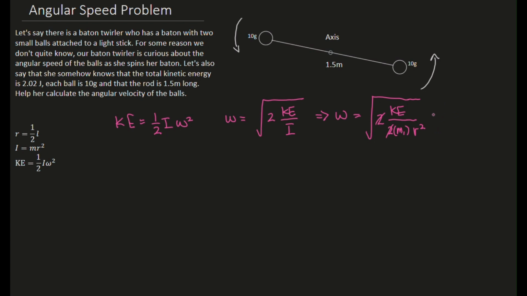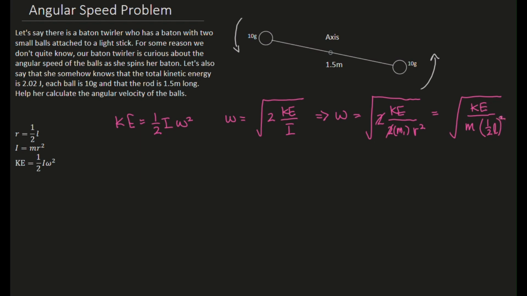Then I can further simplify that by the fact that I know the radius is 1/2 the length. So that becomes the square root of the kinetic energy over the mass, and again this is just the mass of one ball, times 1/2 the length, and all of that is squared.